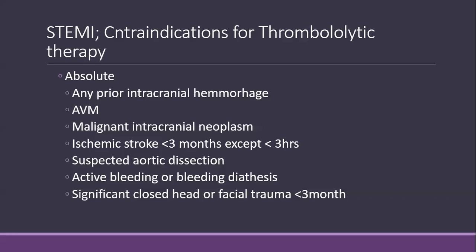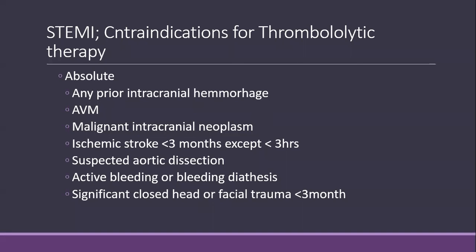This is an absolute contraindication. An arteriovenous malformation that was diagnosed previously is a contraindication. Any malignant intracranial neoplasm or any stroke in less than 3 months is a contraindication for thrombolytic therapy.